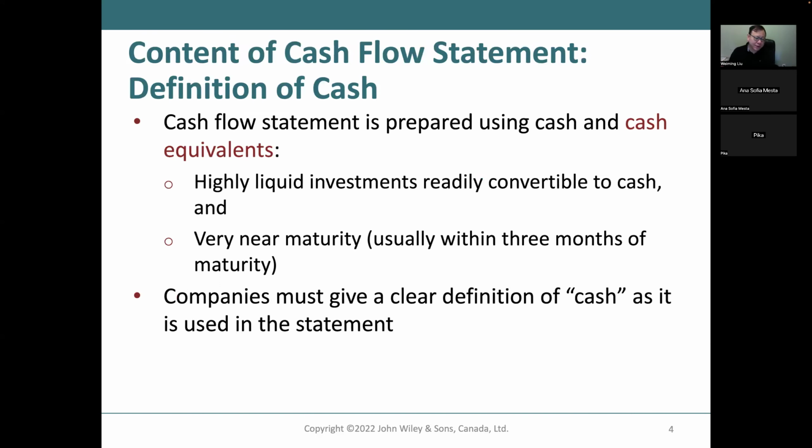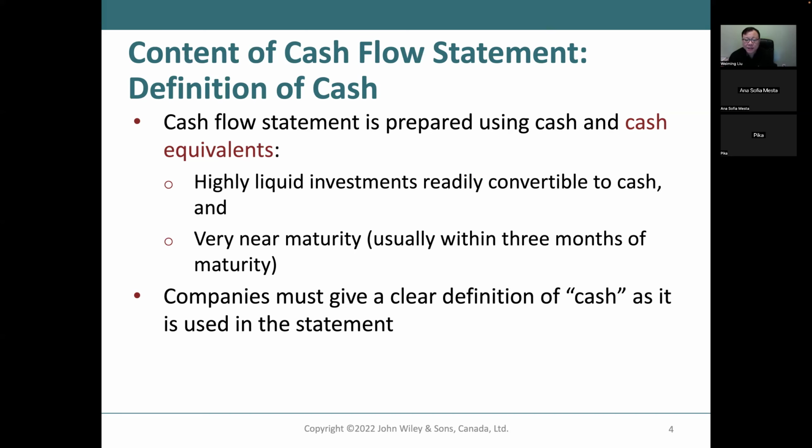A cash flow statement is prepared using cash and cash equivalents. So you may wonder, what are cash equivalents? Cash equivalents are highly liquid investments, readily convertible to cash.